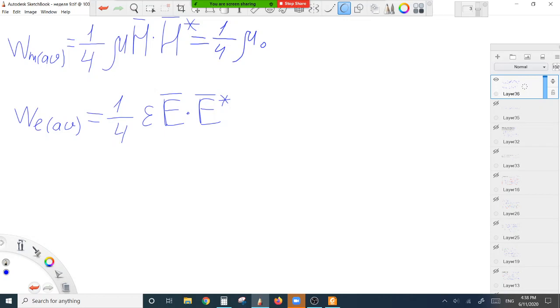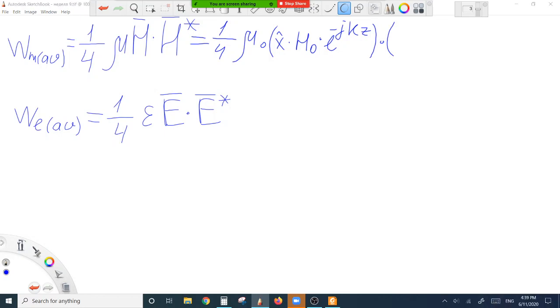The H is in our case x H0 e to the power of minus j kz multiplied by H complex conjugate, which is x H0 e to the power of plus j kz.